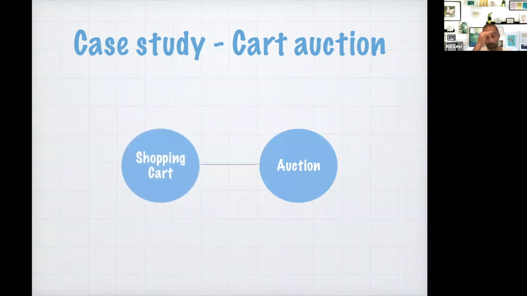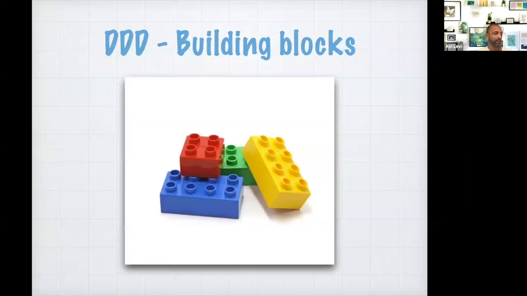We will focus only on the shopping cart, maybe a little bit on auction. We cannot model everything here, of course. And we'll dive into the DDD building blocks. We already mentioned the bounded context and the ubiquitous language.